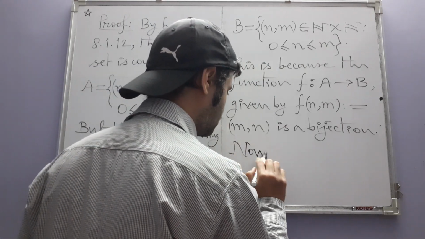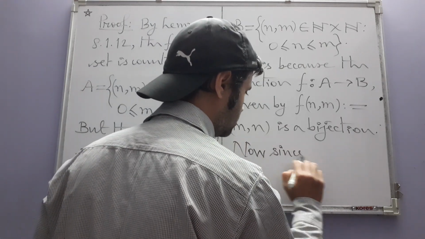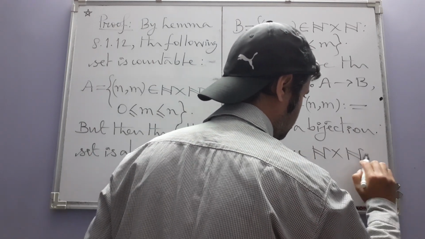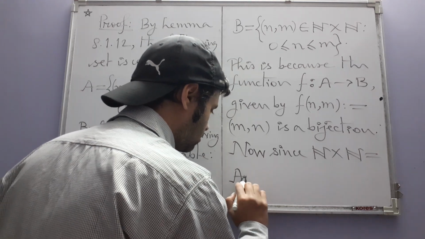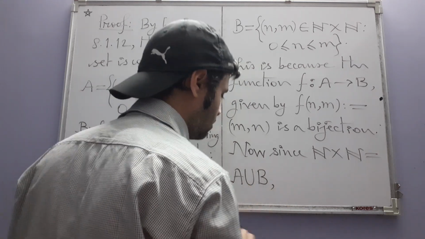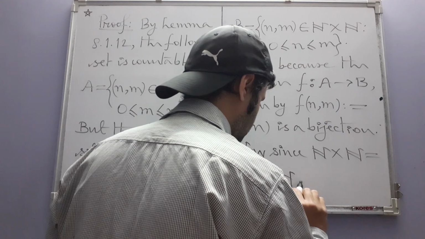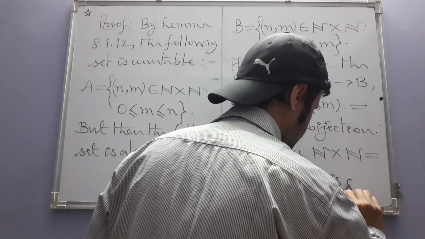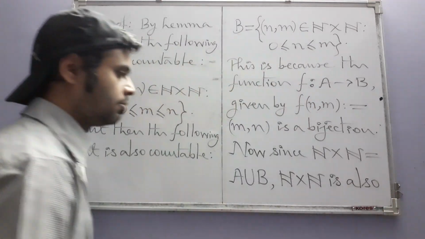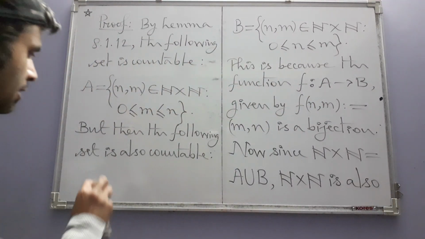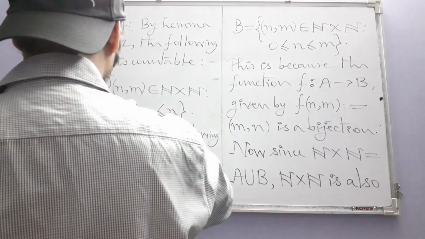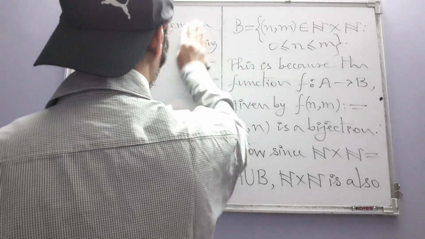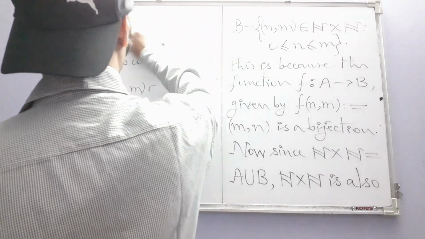Now, since this is the union of A and B, this is also countable, because we have already seen, although I think we have not proved it yet previously, the result that the union of two countable sets is countable.